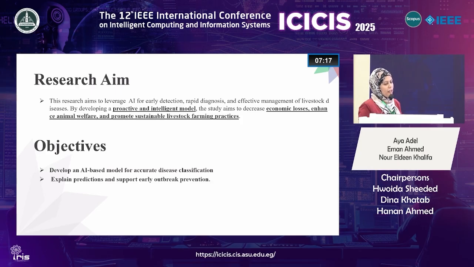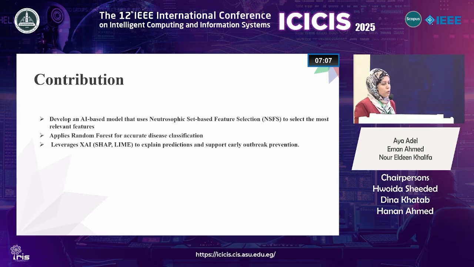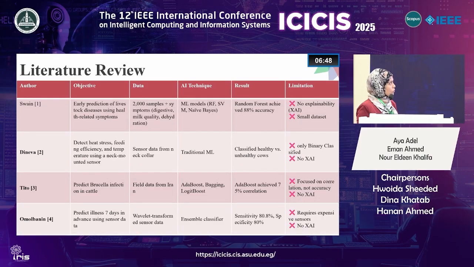Firstly, develop an AI model for accurate disease classification and explain the predictions to prevent outbreaks. Our contributions: we use a neutrosophic set for feature selection to select relevant features from the dataset, applied random forest for accurate and generalized disease classification, then used explainable AI like SHAP and LIME to explain the predictions.